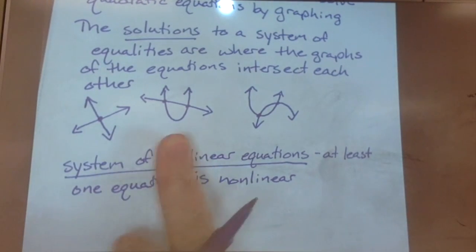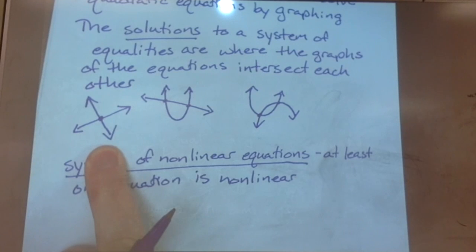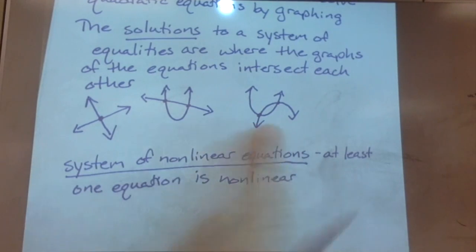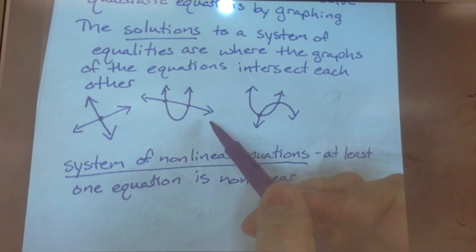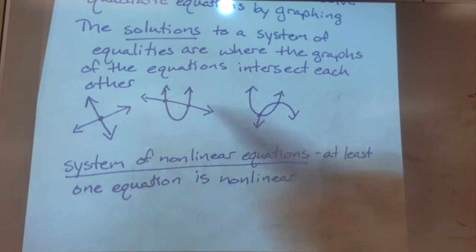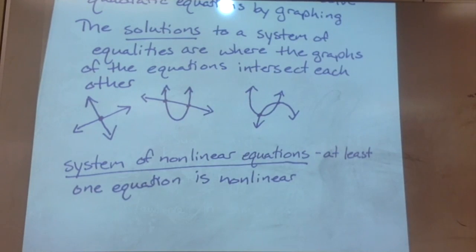So this would be a system of linear equations, but both of these cases would be a system of nonlinear equations. Even though that one has a line, at least one of the graphs is not a line. It has a parabola that is nonlinear.